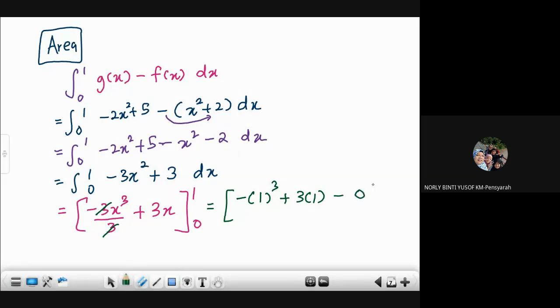So minus 0. Then you got, if you press calculator dari awal, dari sini pun boleh, you akan dapat jawapan dia sama bila you masuk nilai lah. So dapat 2 unit squared. Tapi working step untuk simplify, integrate dengan substitute kena tunjuk lah, even though you can know the final answer from the pressing calculator for integration. So dapatlah area tu 2.